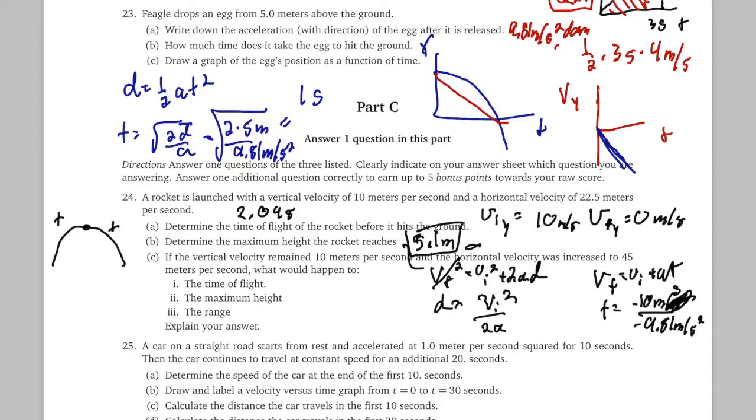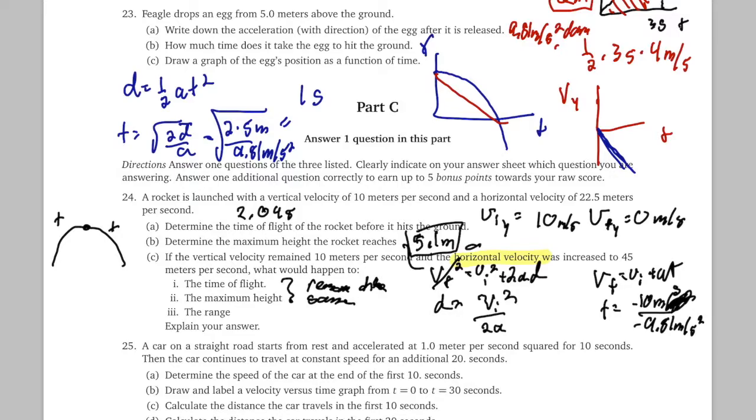All right, for C, if the vertical velocity remained 10 meters per second and the horizontal velocity was increased, so we're just increasing the horizontal velocity, well, time of flight and maximum height remain the same. This is because the time of flight and maximum height only depend on the vertical velocity.